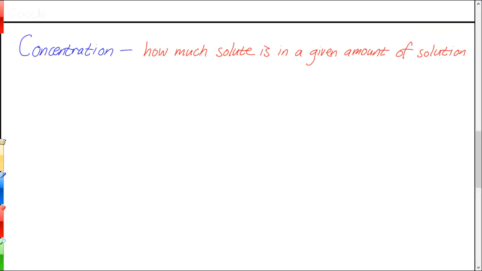Concentration is always, there's a couple exceptions, but for our purposes, always a measure of how much solute is in a given amount of solution. So if you have 10 grams of a sodium chloride solution, or you have 10 milliliters of a sodium chloride solution, how much actual sodium chloride is in that? That's what we want to know, and that's what concentration tells us.